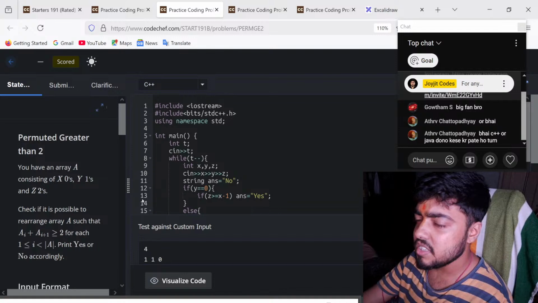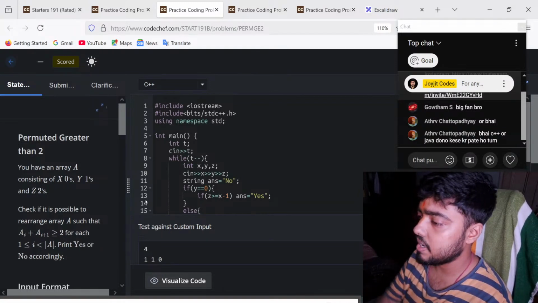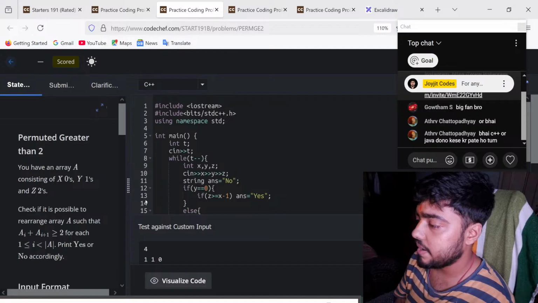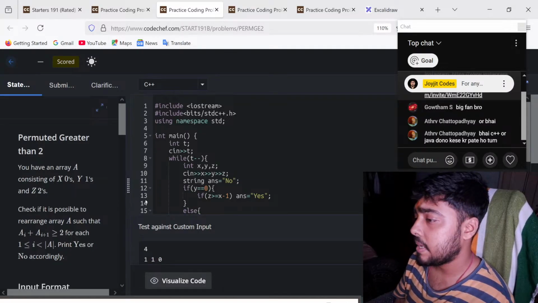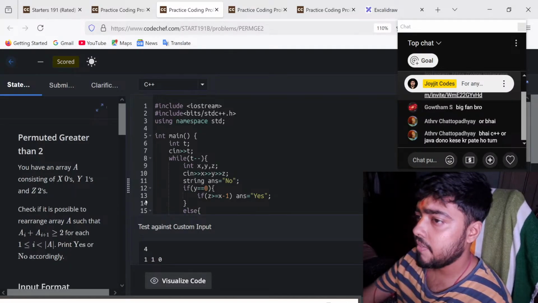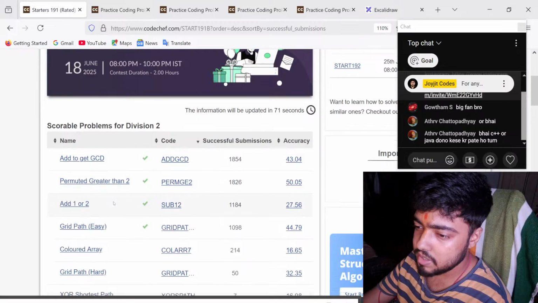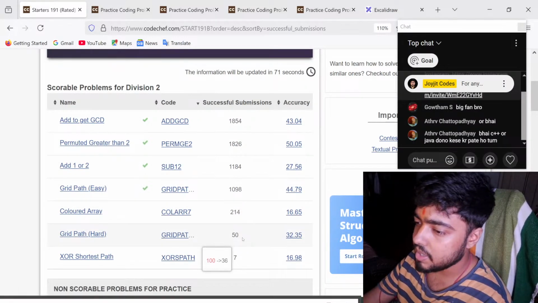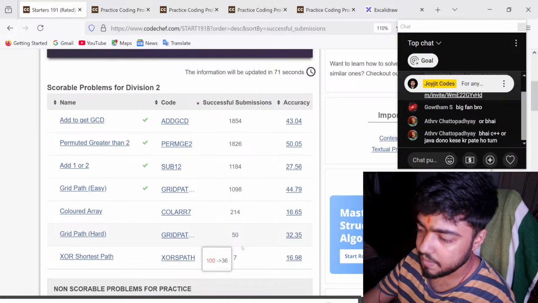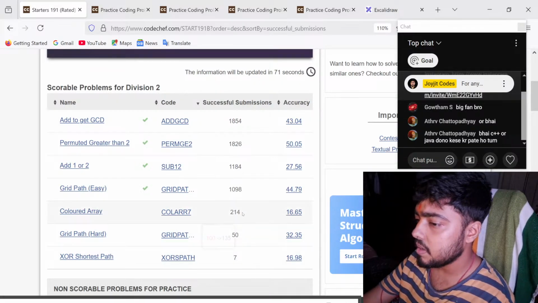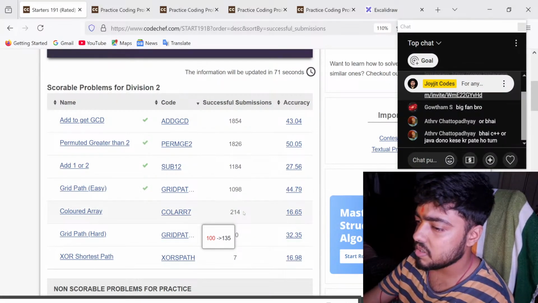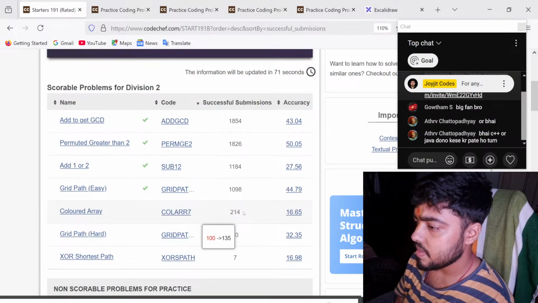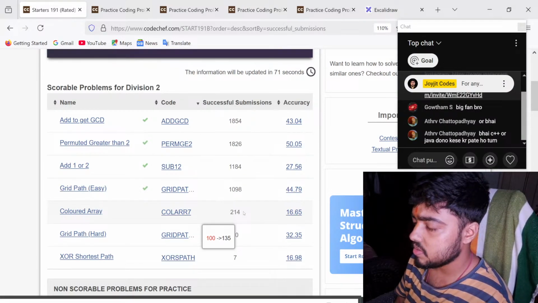I think these questions, many of you have done it. Okay, that's good to see. These are easy questions, that's also right. But I feel that the questions over here, the colored array and grid path hard. This has got 50 submissions, which is good, not many people. But this has got 214 submissions.